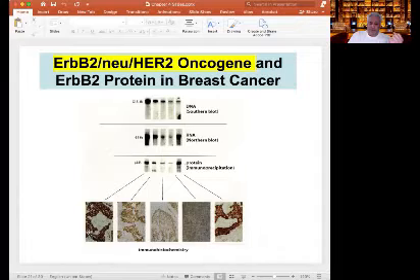And you can see down the bottom here that there are a number of different types of outcome. So in the top, we can see that this particular breast cancer binds to more of the probe than does this one. So that indicates that the amplification event is much greater in this tumor than in that tumor there.